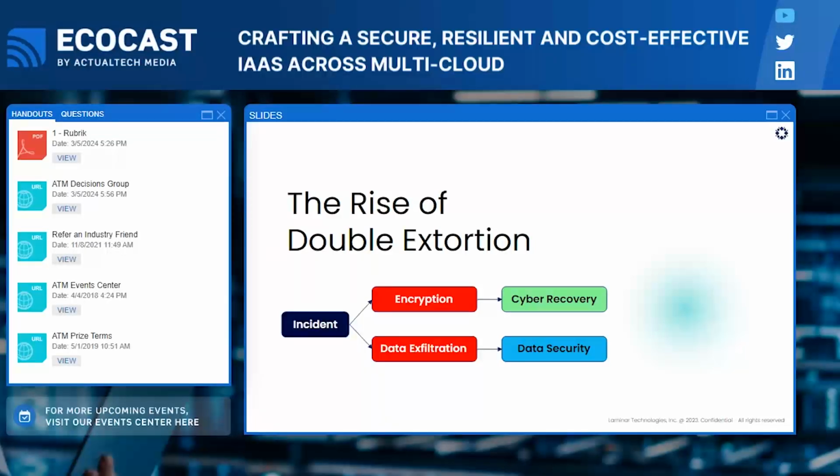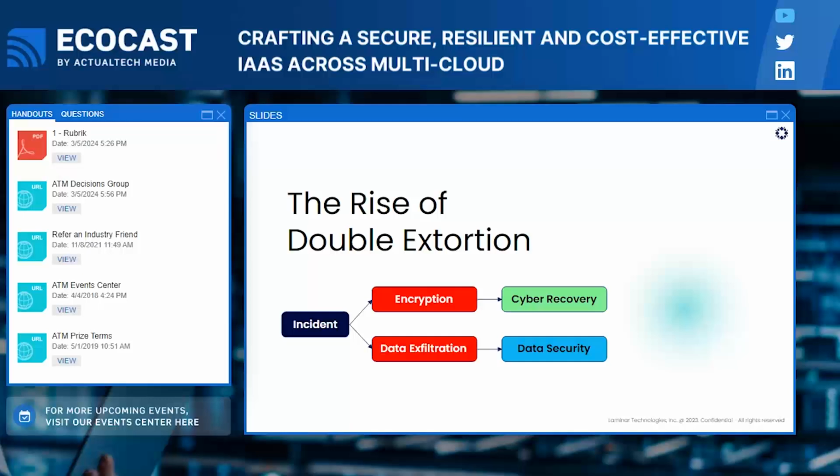But if I start thinking about the cloud space even more, and I'll put SaaS into this categorization as well, exfiltration is the name of the game. It's way easier to move your data outside of your system than it is to deploy these classic encryption events.